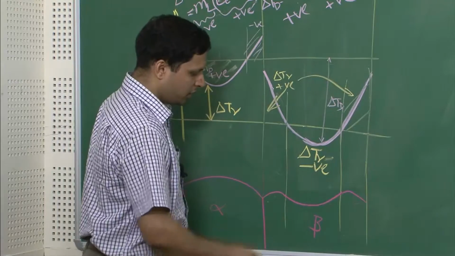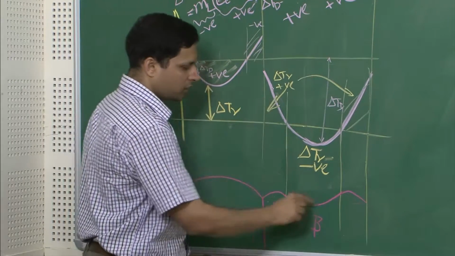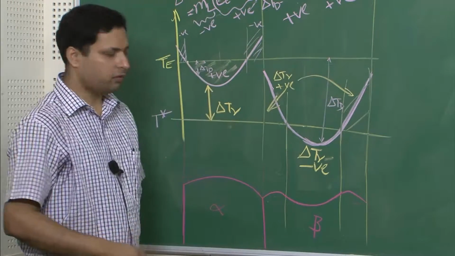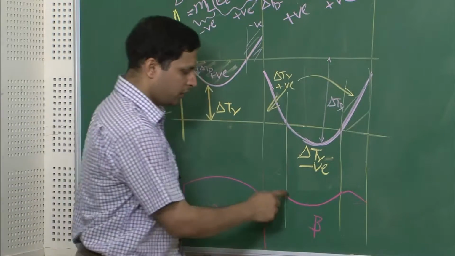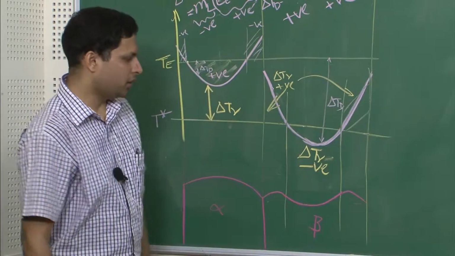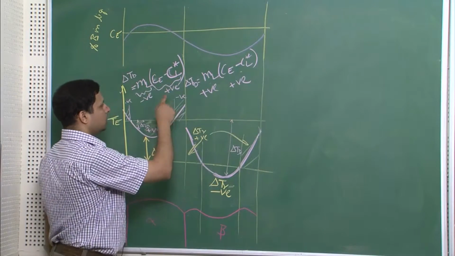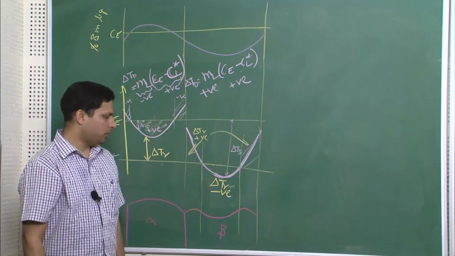Here in the beta phase the radius of curvature is positive up to this region, leading to delta Tr positive in this and this region. Over here the radius of curvature is negative, leading to a negative delta Tr in this region. And so, this is how you can go from the schematic composition to predict the radius of curvature.